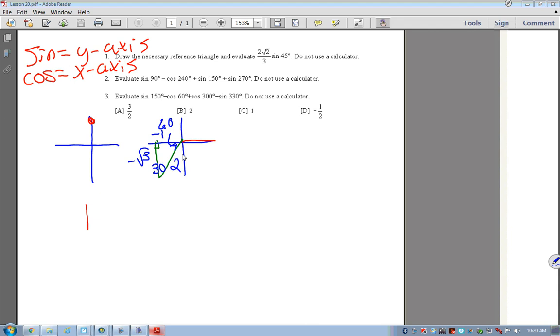Okay, so it says, what is cosine of 240? Well, cosine is adjacent over hypotenuse. So I want the adjacent part to my reference angle, which would be -1, right, over hypotenuse 2. So I've got minus 1/2. You with me so far?